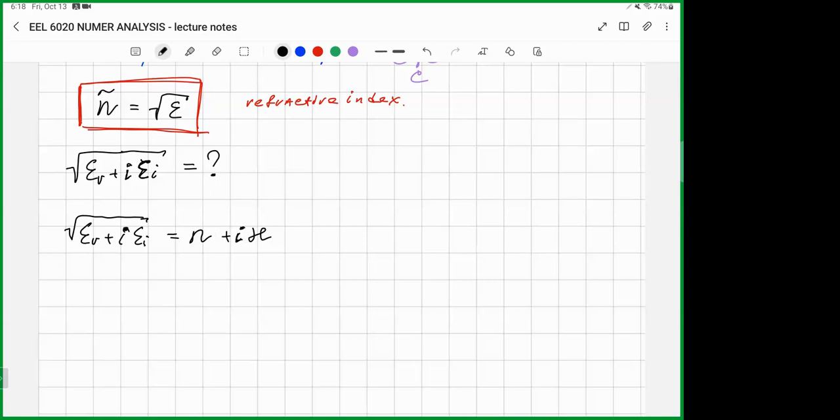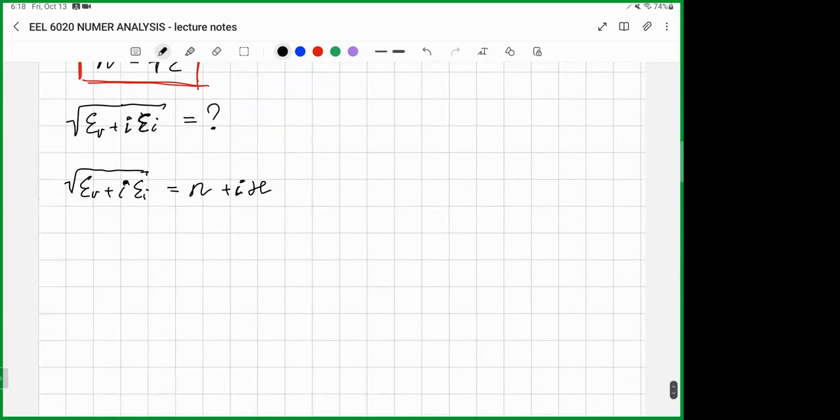Okay, so square root of complex number is equal to another complex number. Makes sense. But now this allows me to take the square of both sides.